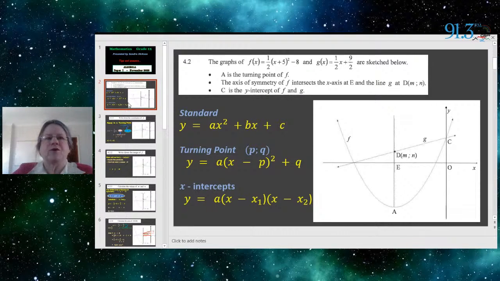But now question 4.2. We have 2 functions here, f(x), and when you see an equation like this, you need to know what type of graph it is. If you don't, the little f shows you which graph on the picture in your exam paper it is.